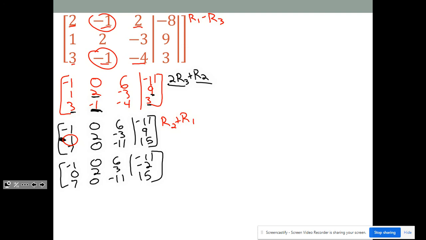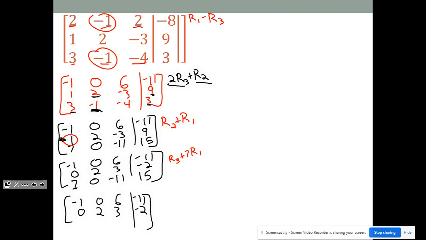Okay, I'm getting there. So now I need to get this 7 to be a 0. The only thing I can work with is this top row. So I can take row 3 plus 7 times row 1, and I'll have my 0 down there. Again, nothing has changed in row 1 yet. So that's staying where it's at. Haven't messed with row 2 here.